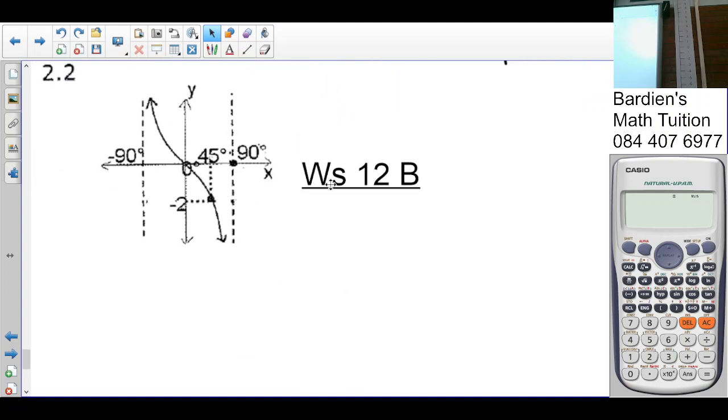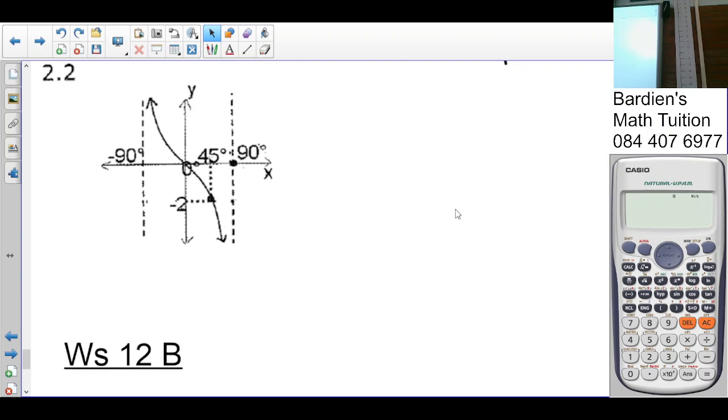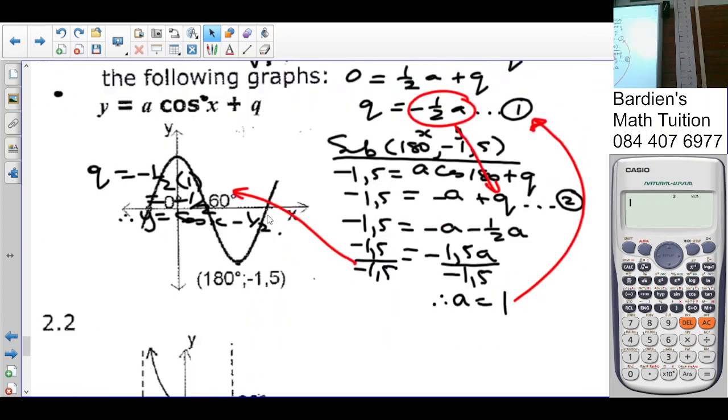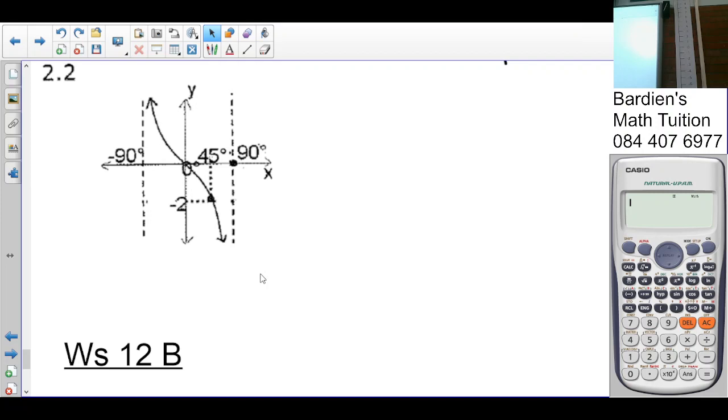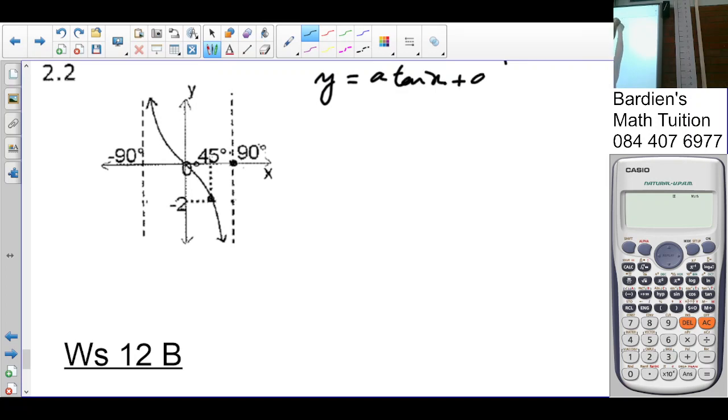Number 2.2. They give us the basic tan graph. Did they give us the equation of this graph? No. Right. So the standard form of this equation should have been y is equal to a tan x plus q.